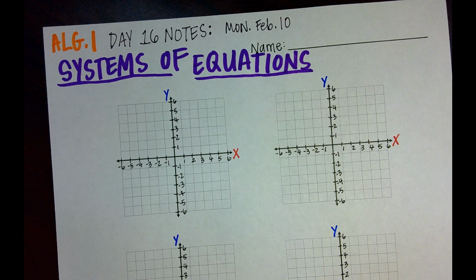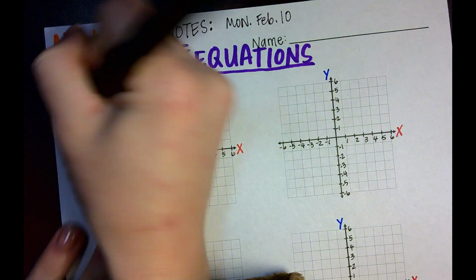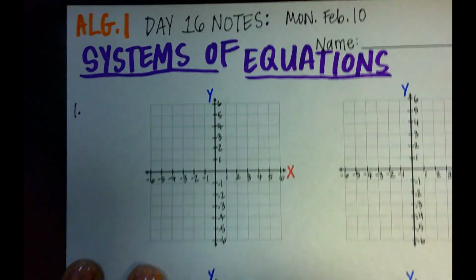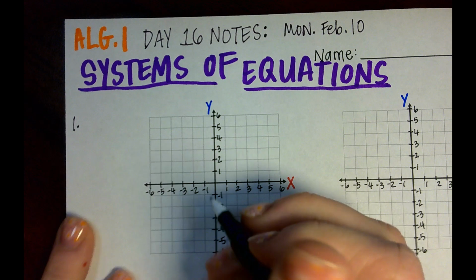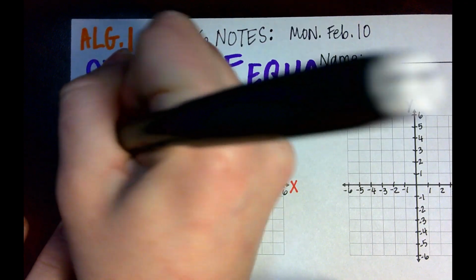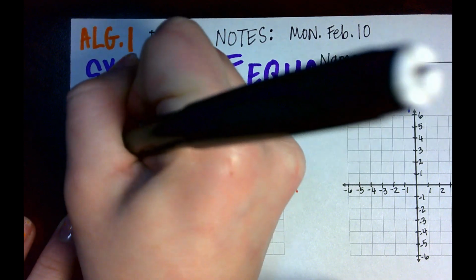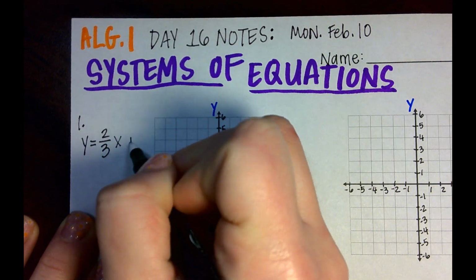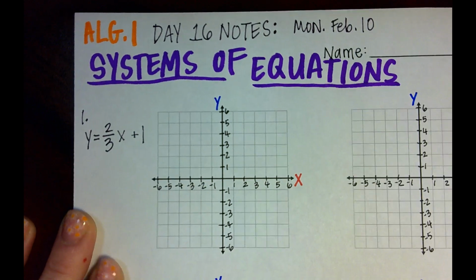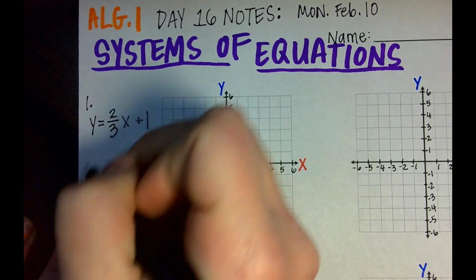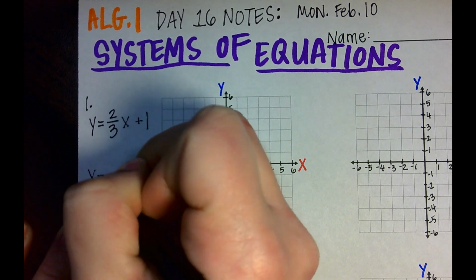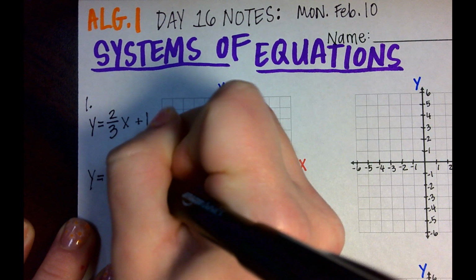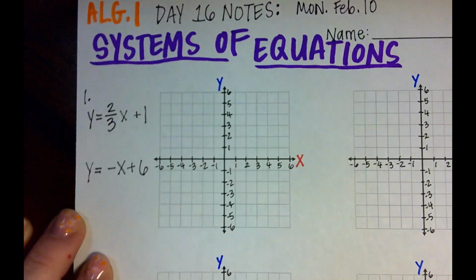Let's try graphing y equals 2/3 x plus 1 and y equals negative x plus 6.